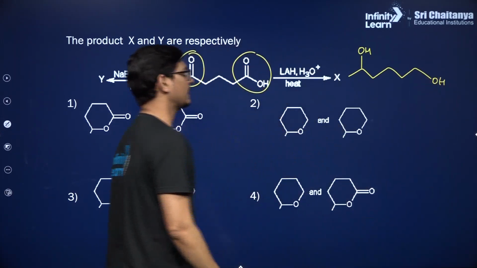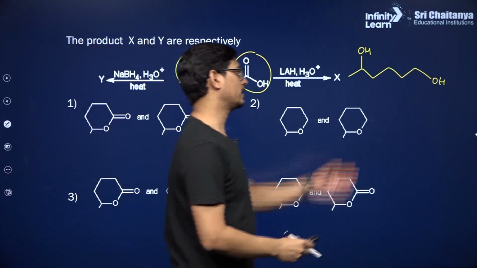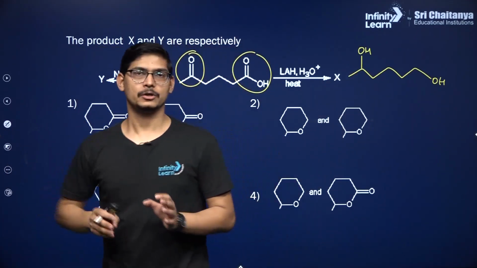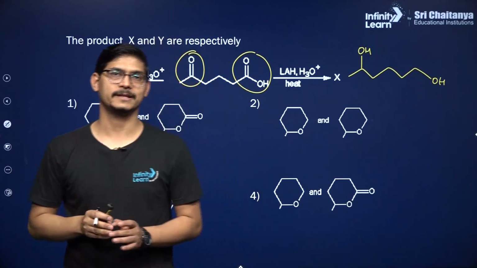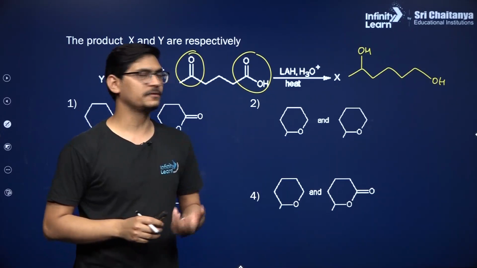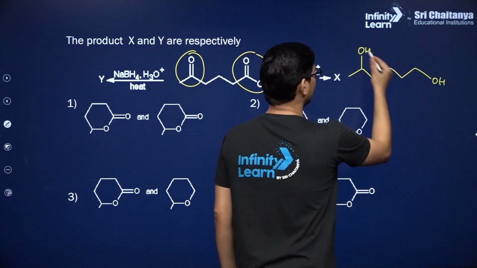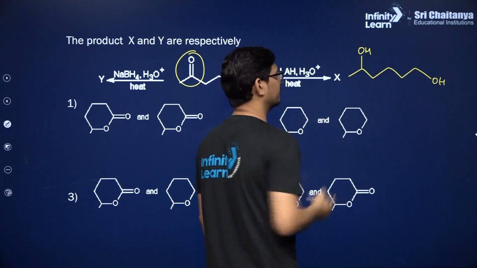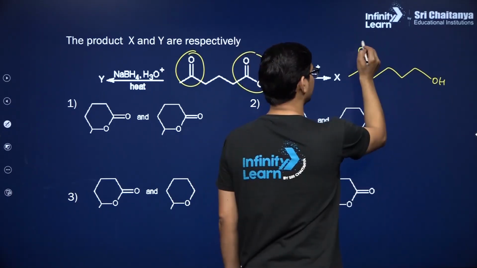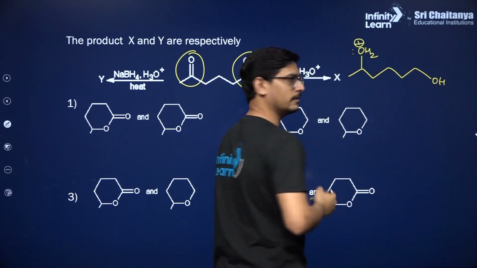This is the product. Now because the medium is acidic and we are heating also, so you might recall that if we are having two OH groups, that is two alcohols, then on dehydration at low temperature they can lead to the formation of ether, right? So basically what happens, because medium is acidic and secondary alcohol will form more stable carbocation, so we can assume that first it undergoes protonation, right?